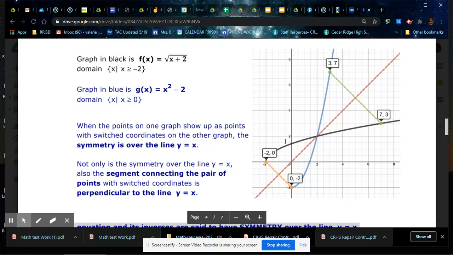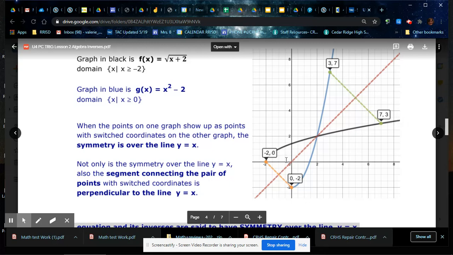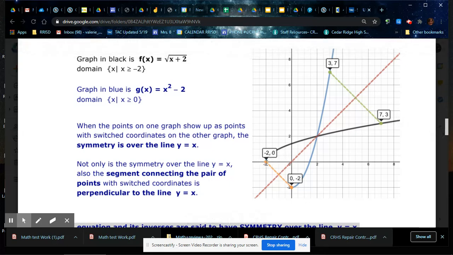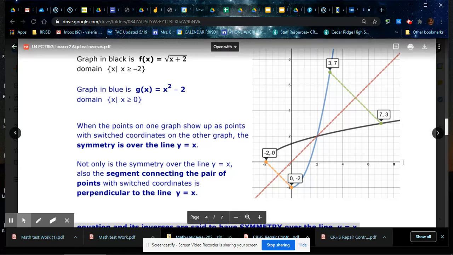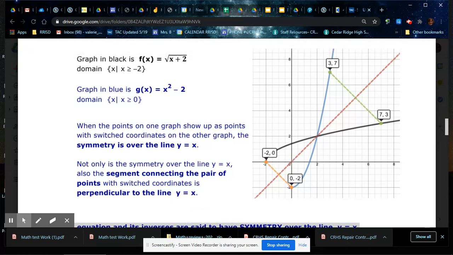Look at the domain of this square root function here. The domain is every x from -2 forward to infinity. What is the range? 0 to infinity, I guess.